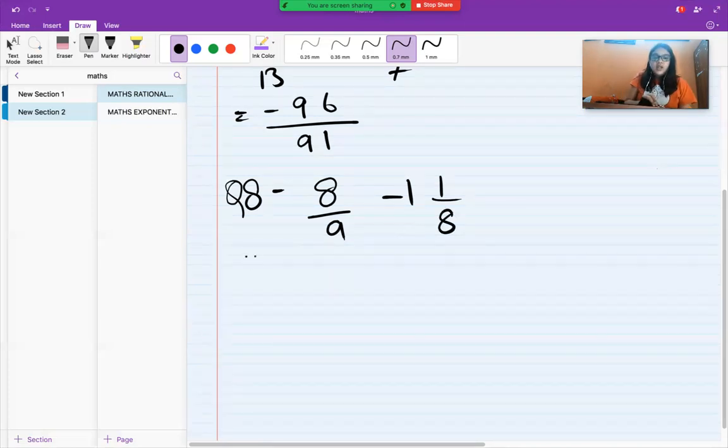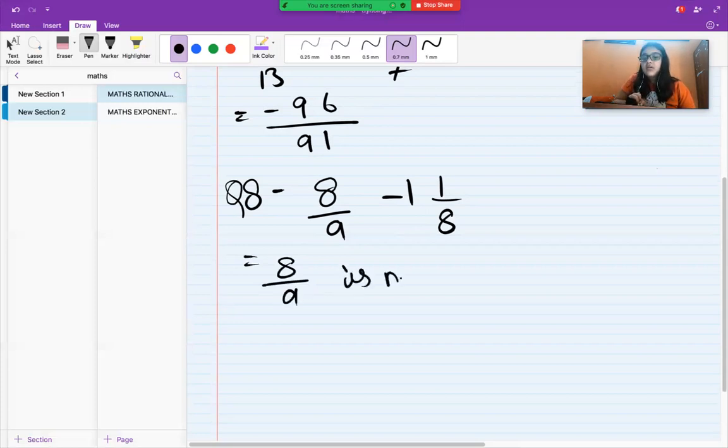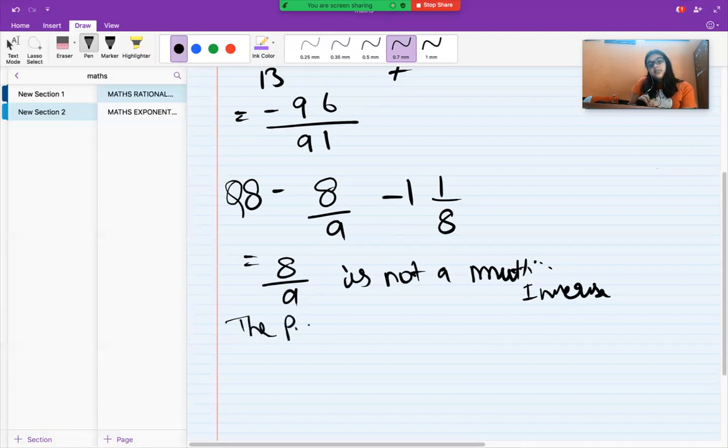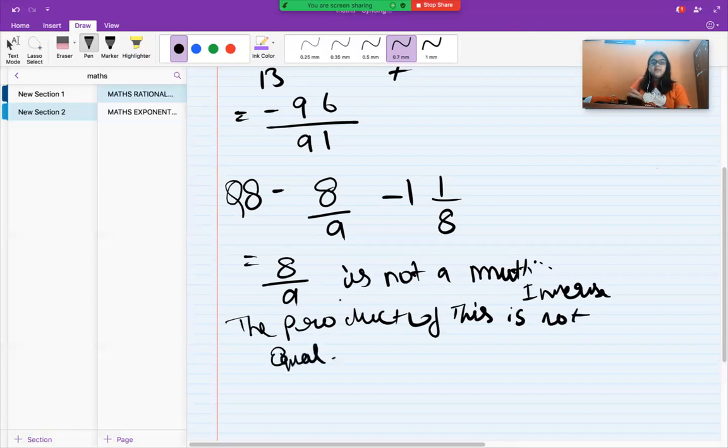So 8 by 9 is not a multiplicative inverse, because the product of this is not equal to 1.